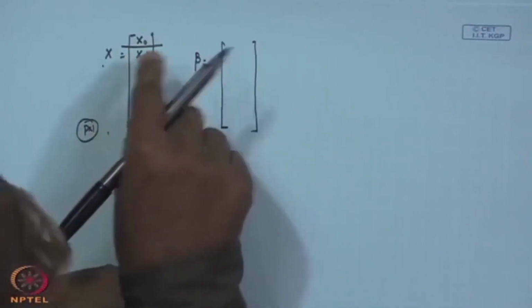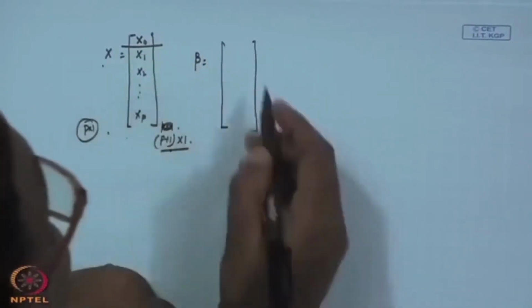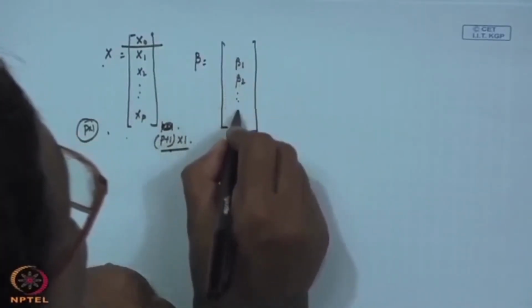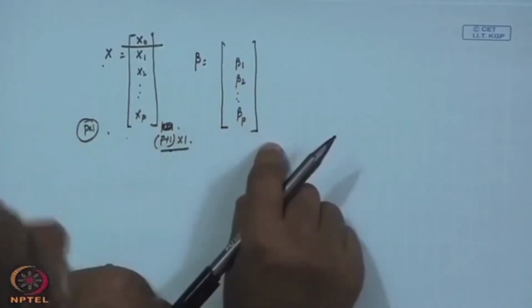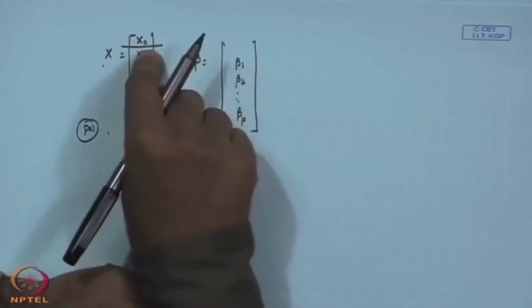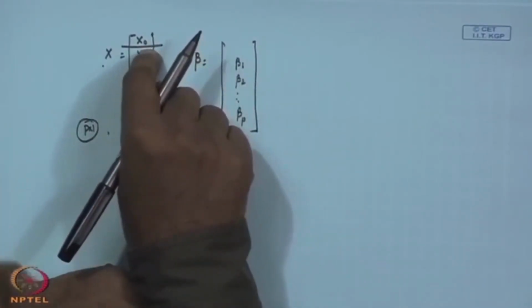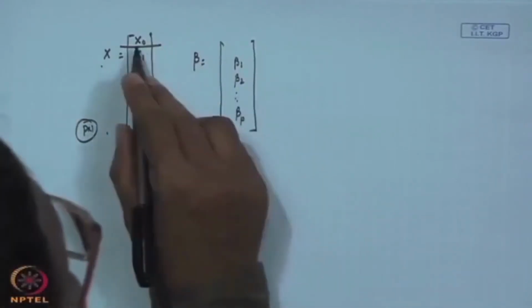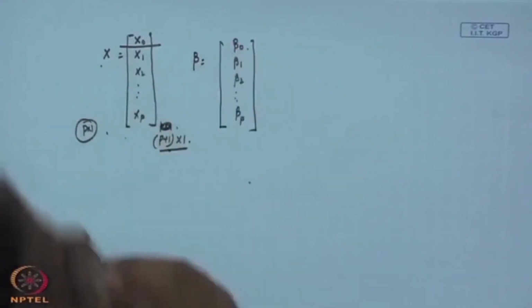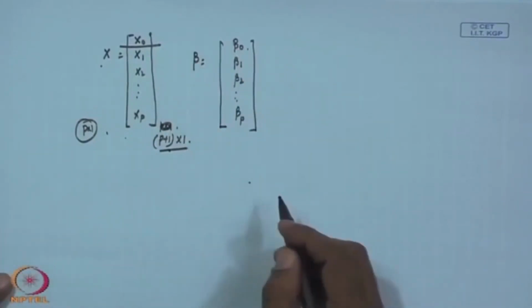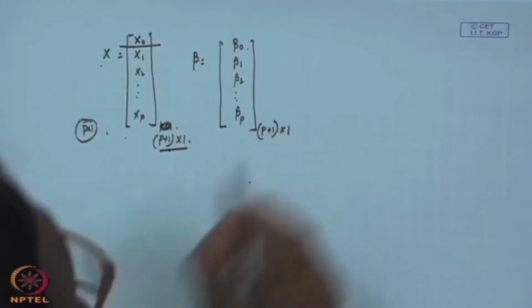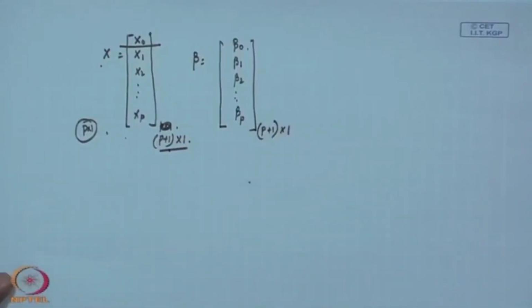because there will be an influence for each of the variables. So, I can write beta 1, beta 2, dot dot dot, beta p, which is p cross 1, but see, there is one intercept parameter related to x 0, that is beta 0. So, you need to estimate p plus 1 regression coefficients here.